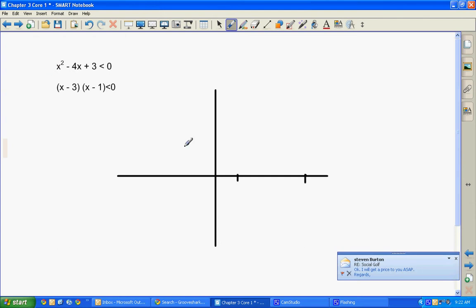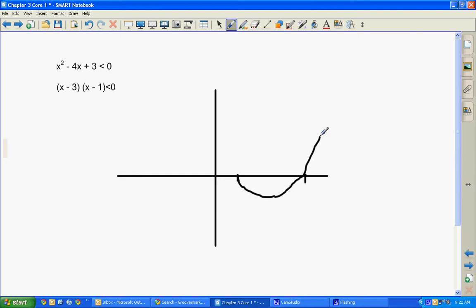Sorry for my drawing, I'm trying to do this freehand. So I get my normal parabola going through here, through 3 on the y-axis and up and away. Now, don't worry about the look of it. I know you would probably draw a much better quadratic than that.